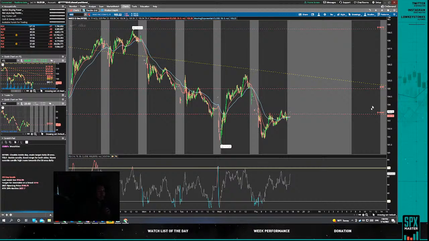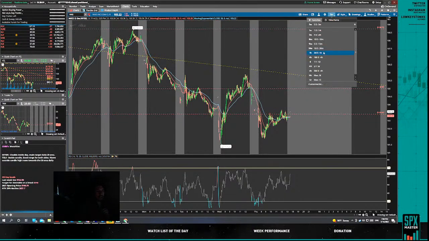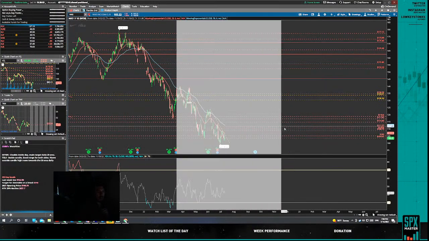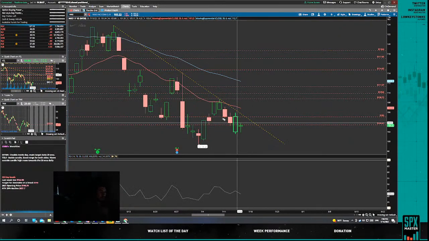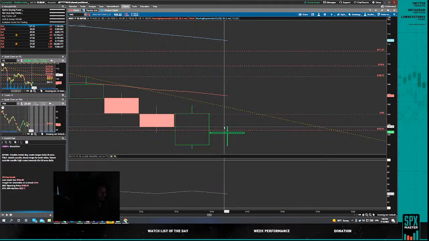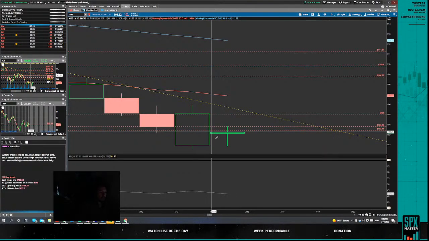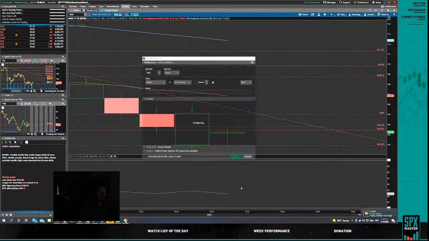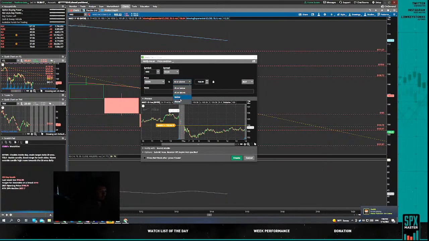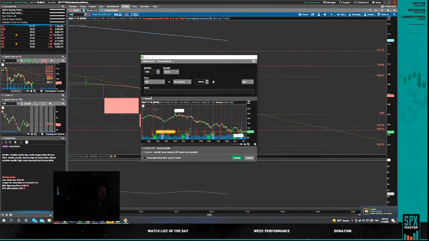All right. So I like Nike just because the options have moved very nicely on this name. I've traded on a lot of Fridays before, and this just moved very, very nicely. So we're gonna put our inside candle levels right here. Remember, not just because the inside candle happens, it's just gonna play out, right?